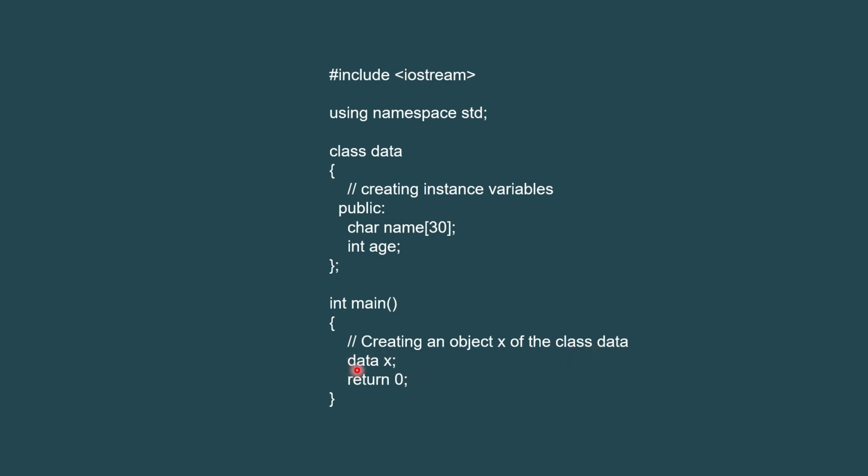By mentioning the class name Data, followed by a variable, here I've taken the example X, this helps me know that I have created an instance X for the instance variables present inside the class Data. This is a very simple example of creating an instance in a program.